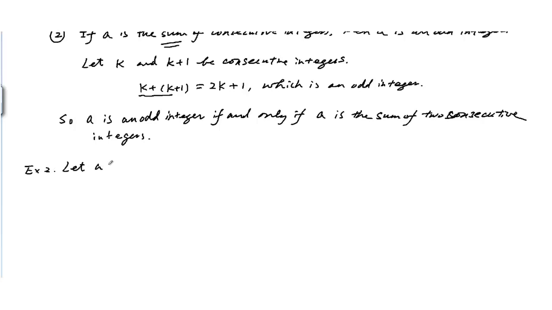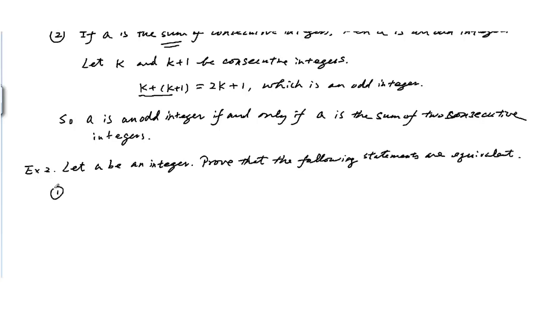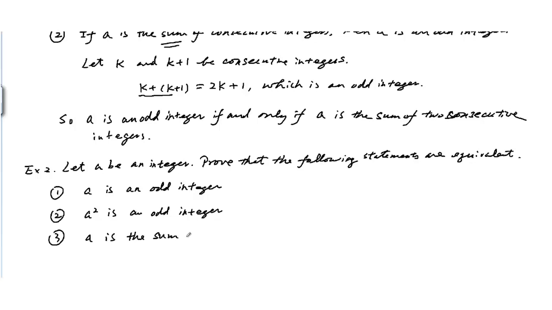Let a be an integer. Prove that the following statements are equivalent. 1, a is an odd integer. 2, a squared is an odd integer. 3, a is the sum of two consecutive integers.